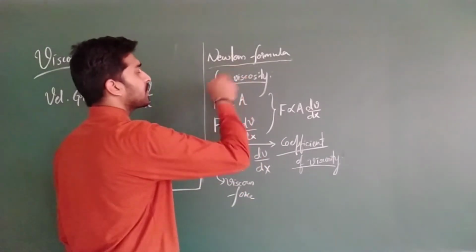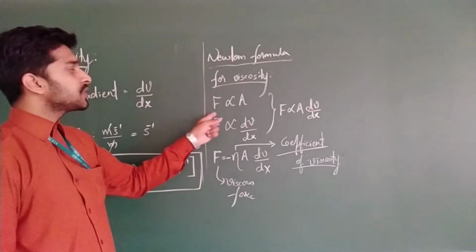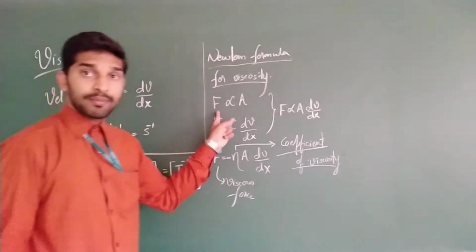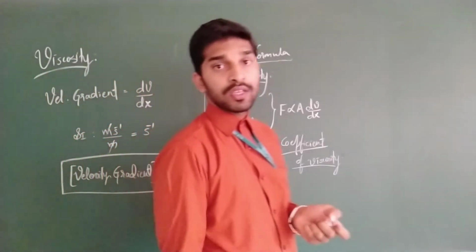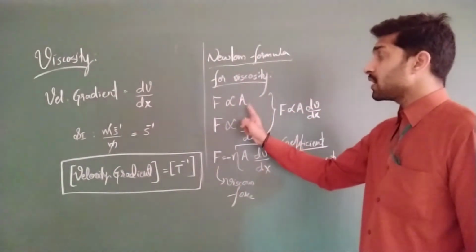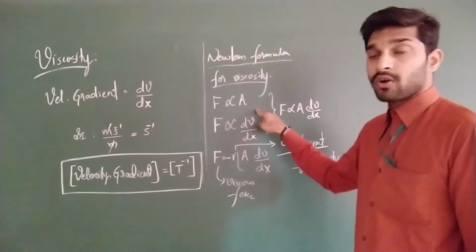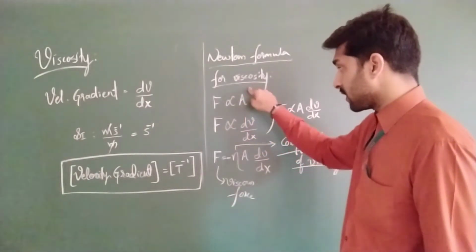And Newton gave one formula for viscosity, in which he says that the viscous force acting between two layers of the liquid is directly proportional to the area of contact. How the layers are in contact with each other, that is nothing but area.